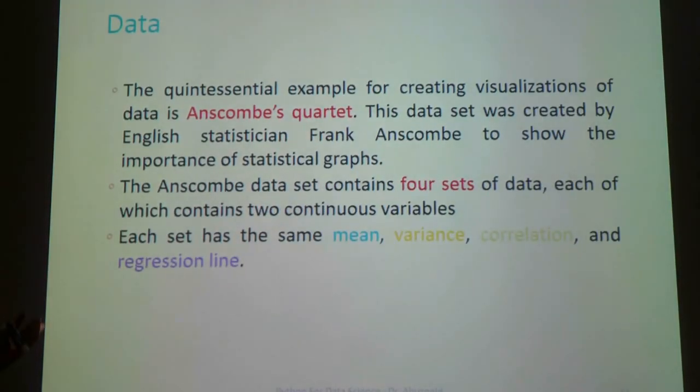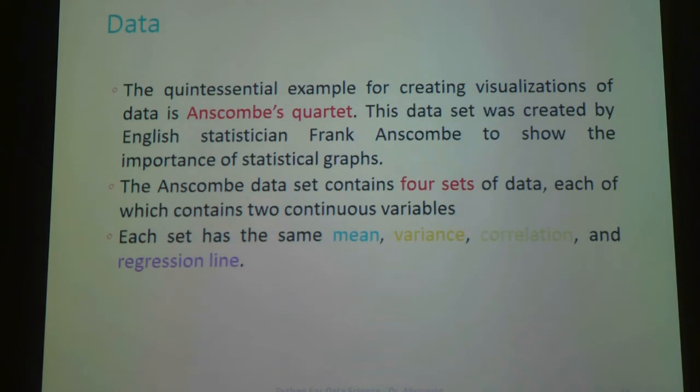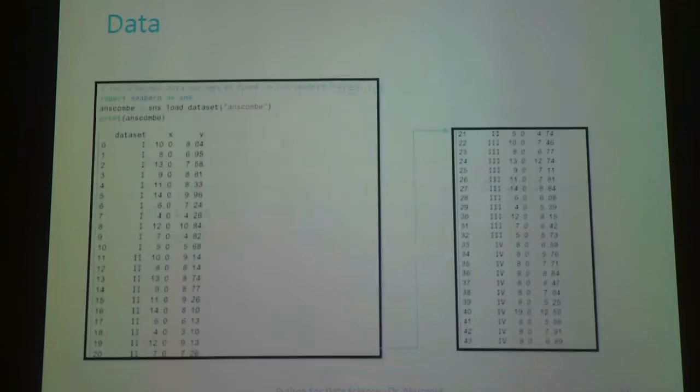The Anscombe data set contains four sets of data, each of which contains two continuous variables. Each set has the same mean, the same variance, the same correlation, and the same regression line. But they are completely different data.